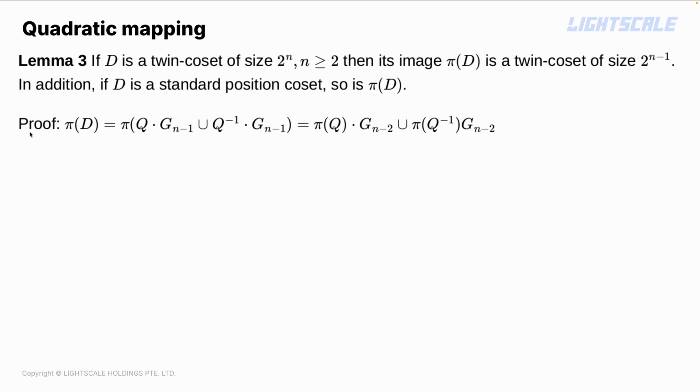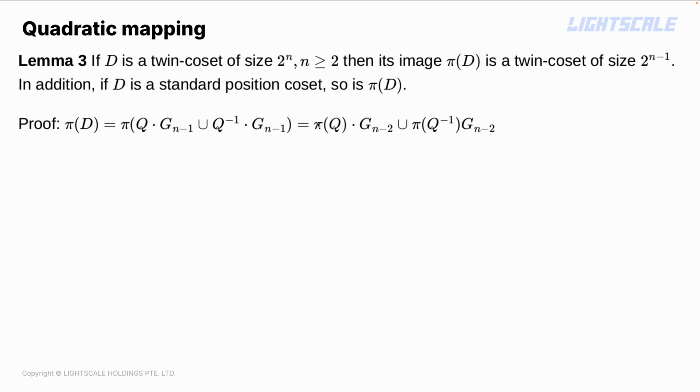So the proof is like, let's get the quadratic mapping of D, then it's going to be like this. The quadratic mapping of the subgroup is going to be a subgroup of size divided by 2. This is actually 2 to the power of n minus 2.